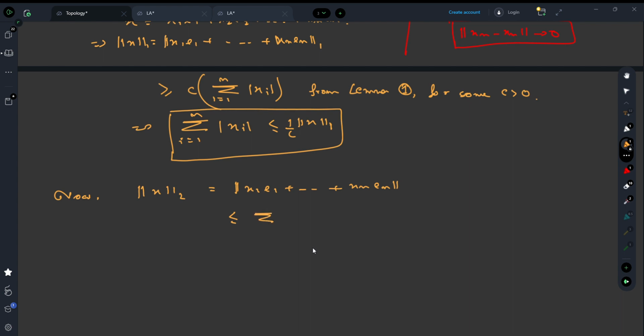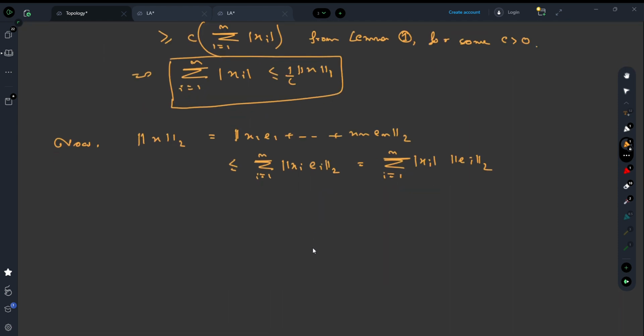We use the triangle inequality in this case, so this is less than or equal to the summation i equals 1 to n of norm of xi ei. But each xi is a scalar, so we can use the second property, that is, it becomes mod of xi times norm of ei, the 2 norm.